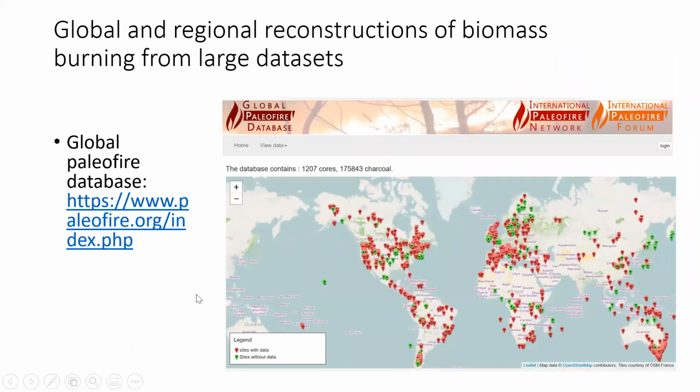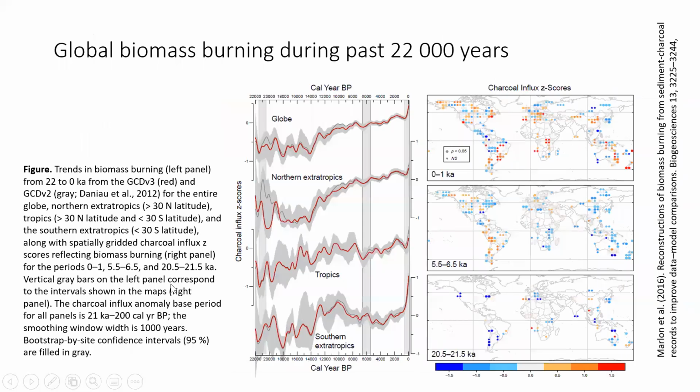Then there are also studies done from bigger data sets, and more and more fire records are downloaded to this global paleofire database that can be used to make this bigger analysis. For example, there is one example of a global biomass burning reconstruction for the past 22,000 years for the whole globe.